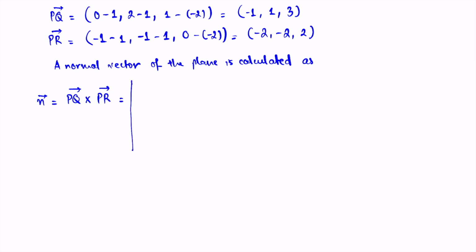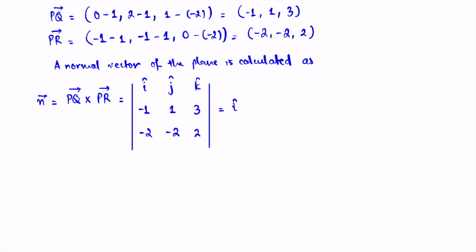You use the determinant approach to calculate the cross product of these two vectors. So if you have two big vertical lines here, this is a 3 by 3 determinant, where the first row is i, j, and k, which are the standard unit vectors. The second row consists of the components of PQ, which is negative 1, 1, 3, and the last row consists of the components of PR, which is negative 2, negative 2, 2.